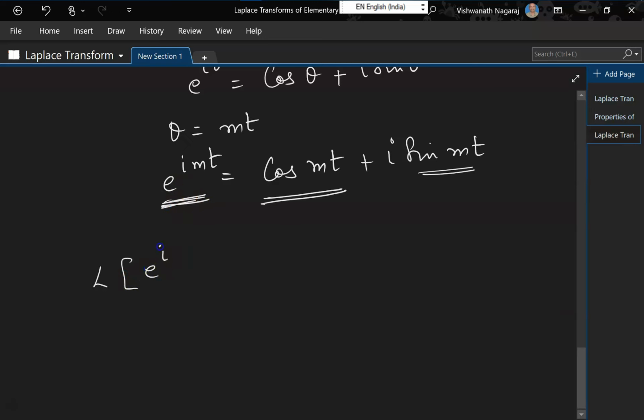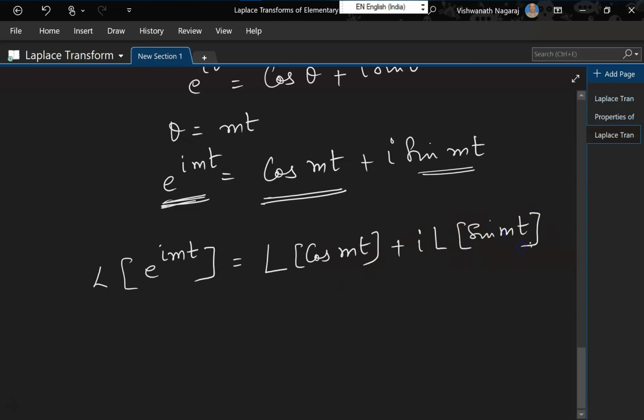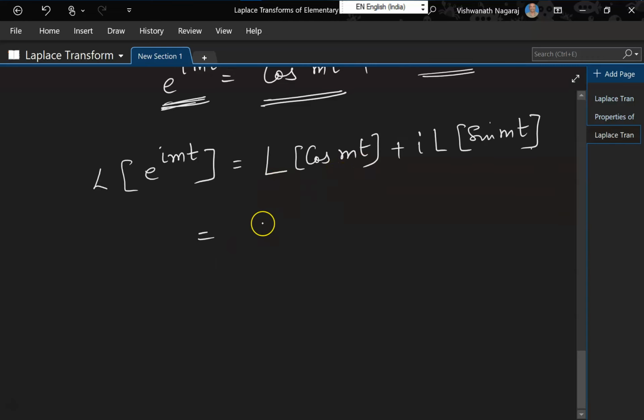So Laplace of e to the power of imt is equal to Laplace of cos mt plus i Laplace of sin mt. Remember this linearity, and we also know how to write it in the Laplace transform integral form: the integral from 0 to infinity of e to the power of minus st times e to the power of imt dt.